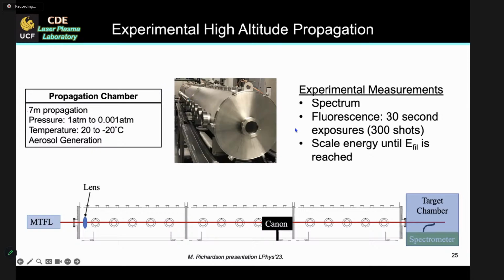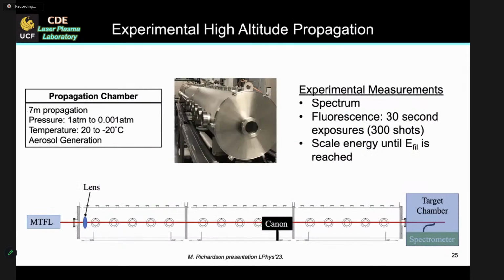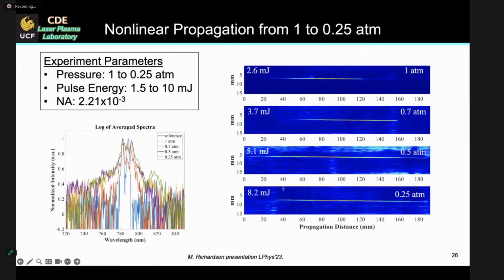This is a 7-meter propagation chamber where we can change not only the atmospheric pressure, but also the atmospheric content and add things like aerosols into this chamber as well. So it's not just used for propagation of ultrafast lasers, but also for things like thermal blooming of CW lasers. This is a very quick summary of our measurements made as a function of pressure.